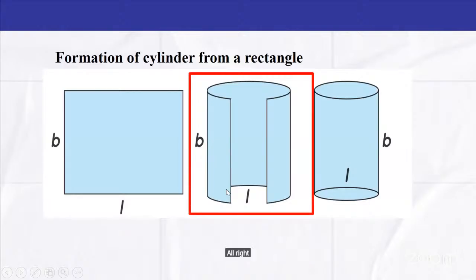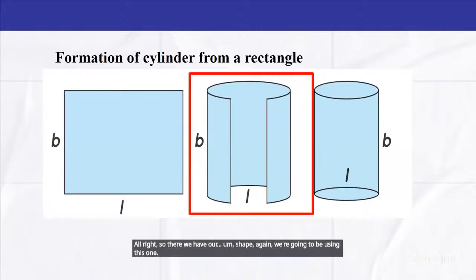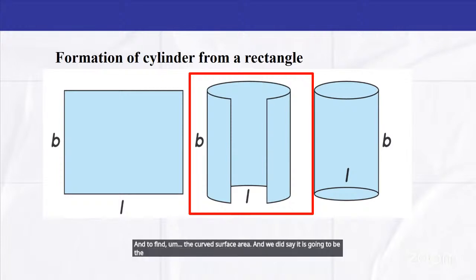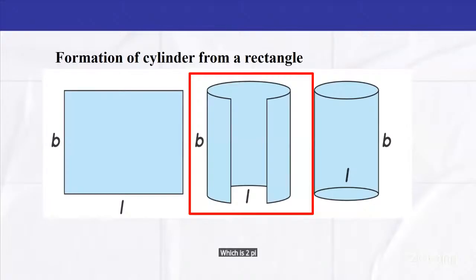So there we have our shape again. We're going to be using this one to find the curved surface area. And it is going to be the circumference of the circle, which is 2 pi r, multiplied by the height of the cylinder.